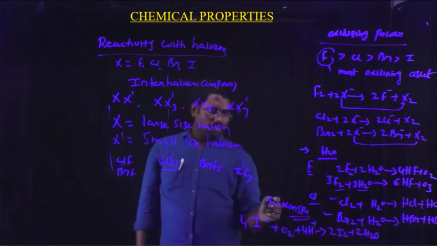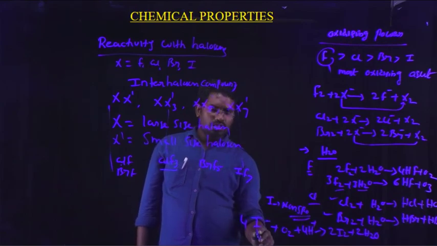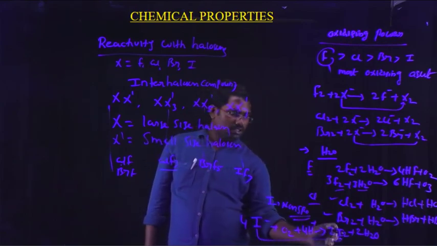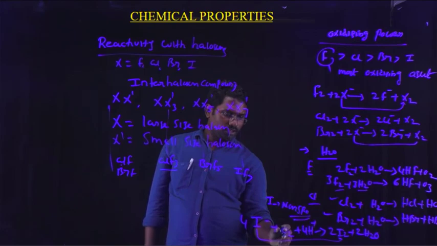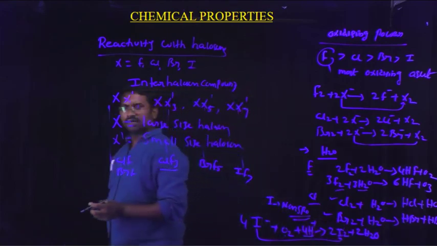The reaction of iodine with water is non-spontaneous, but here iodide ions get oxidized into iodine by reaction with oxygen in presence of acidic medium. So these are all the oxidizing abilities of the halogens.